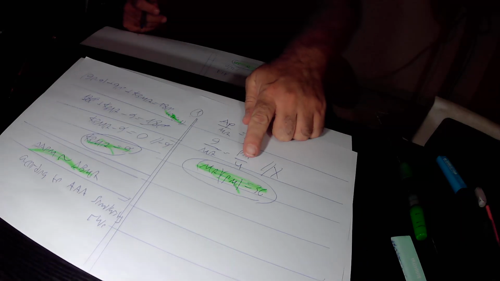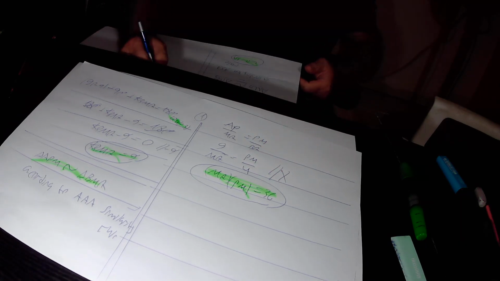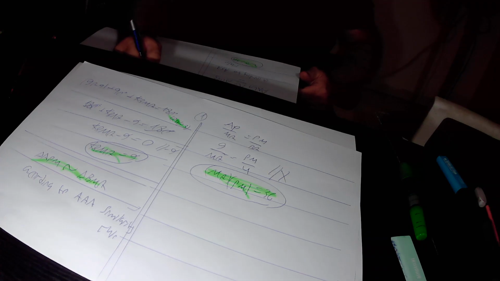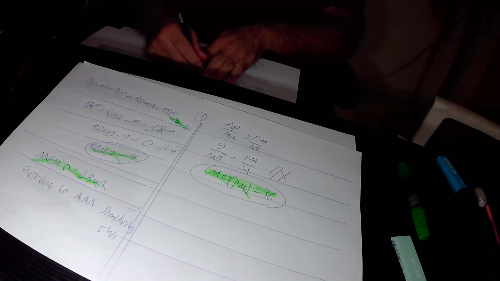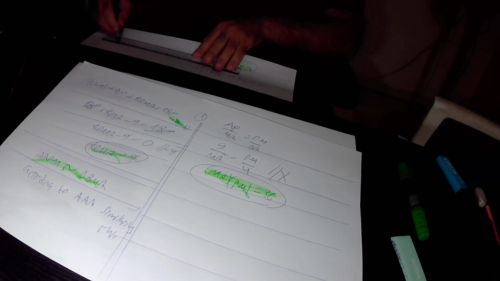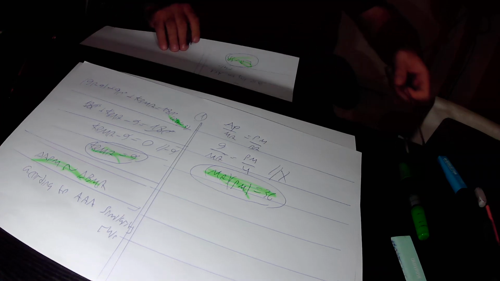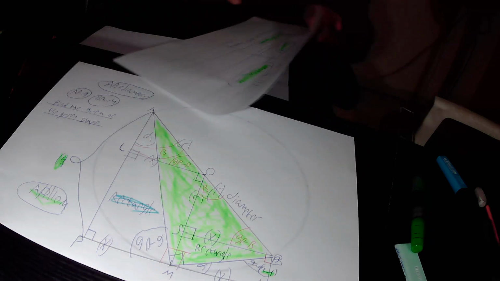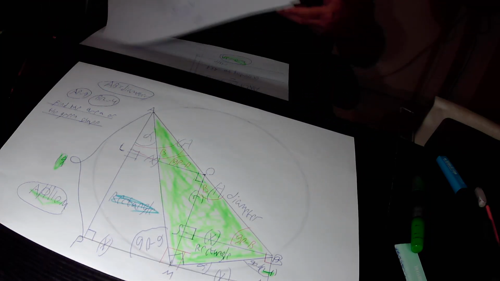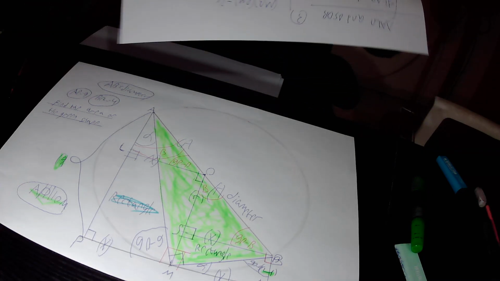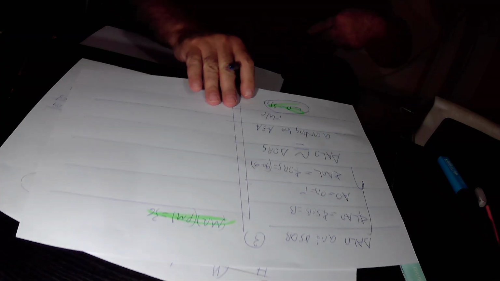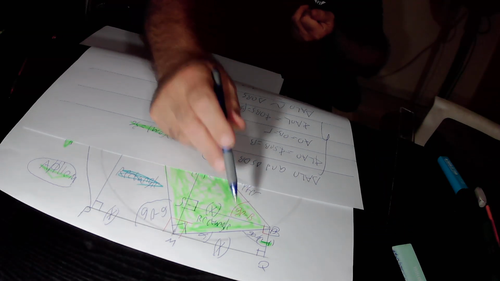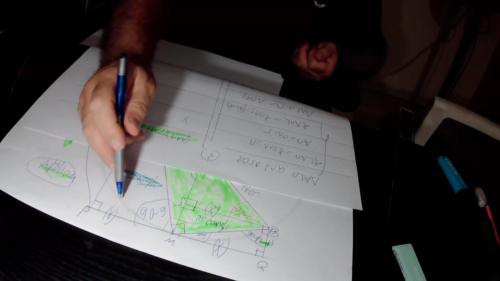We already found out that MQ times PM equals 36. Write it down. MQ is x times PM, PM is also x.